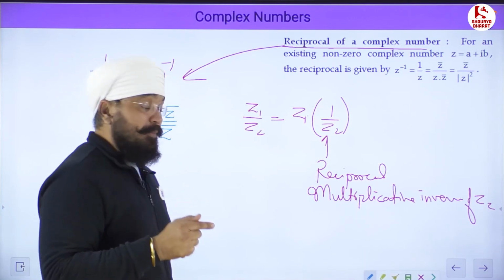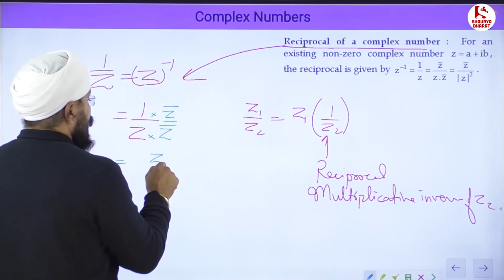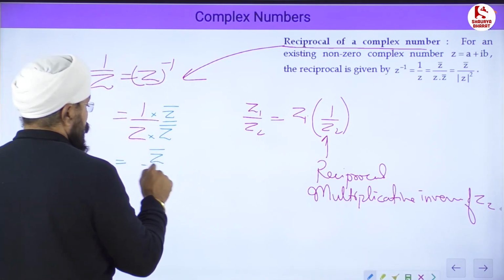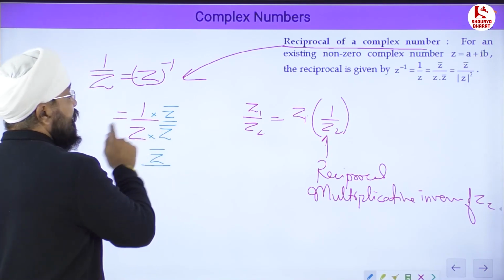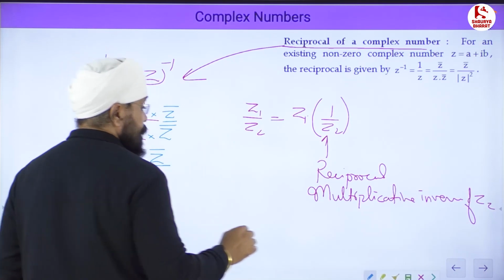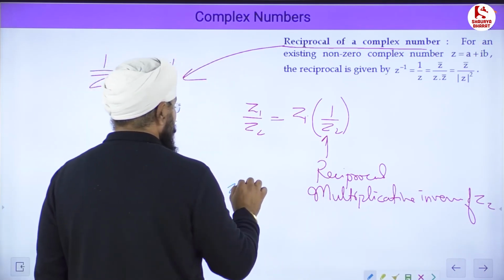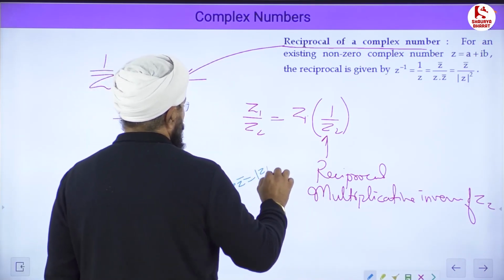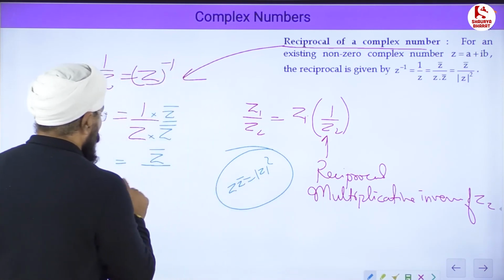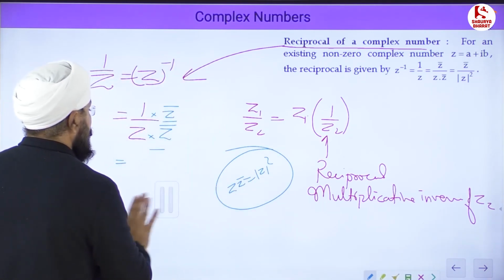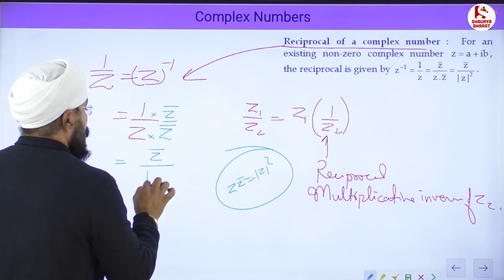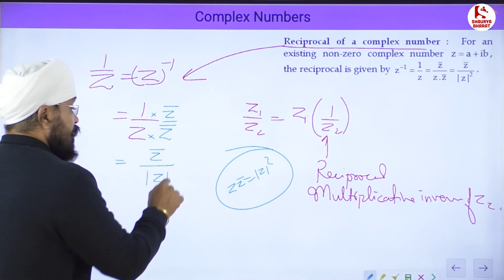In the numerator we get Z bar, the conjugate of the complex number. In the denominator, the property was Z into Z bar is magnitude of Z square. So this is the magnitude of Z whole square.